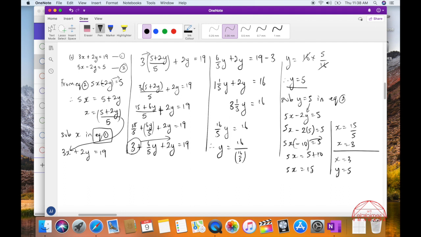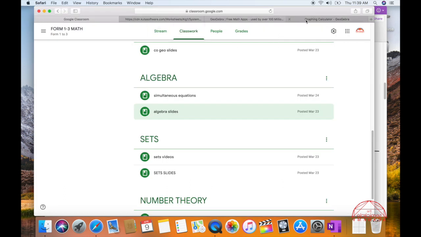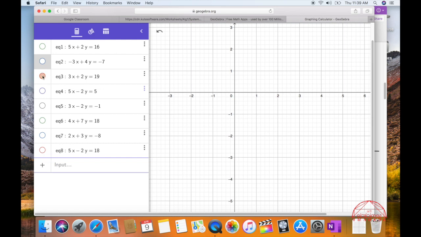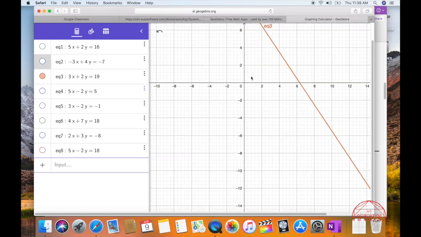Now let's just check and see if we got our answers correct, right? So x is 3, y is 5. This seems like pretty okay answers, right? So let's check our graphic calculator and see this equation here being the equation for 3x plus 2y is equal to 19. And then I have the equation for 5x minus 2y is equal to 5.